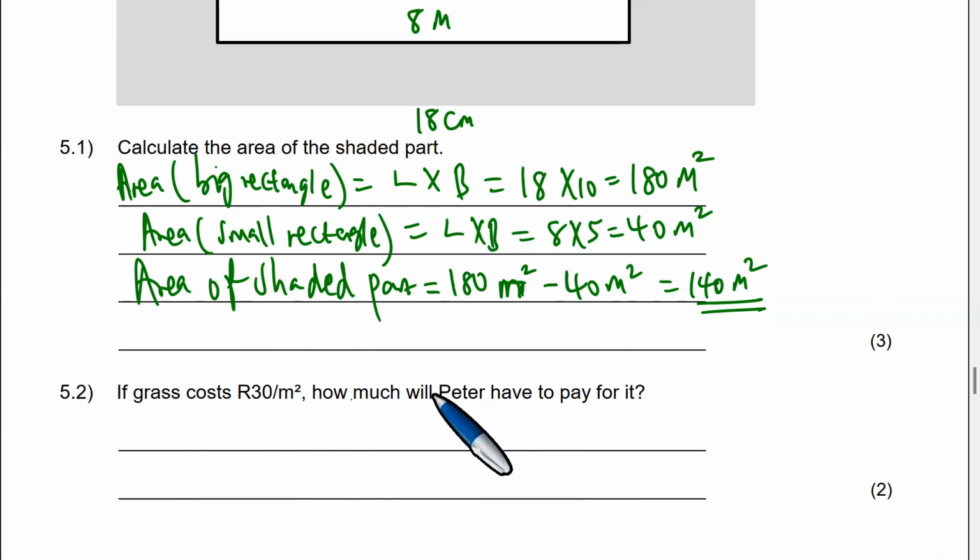So obviously, if you want to find the costs, you always multiply. So you take 140, which is the area, and multiply by the 30. If you multiply by the 30, what do you get?